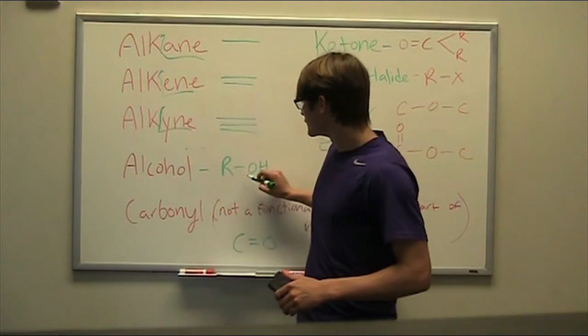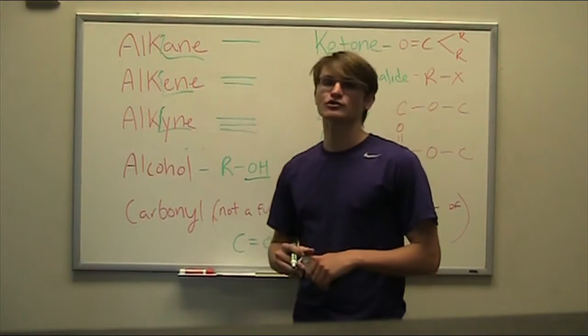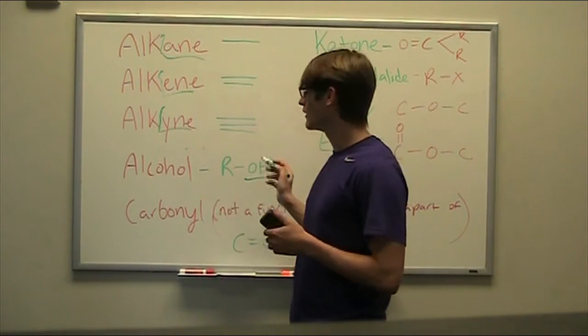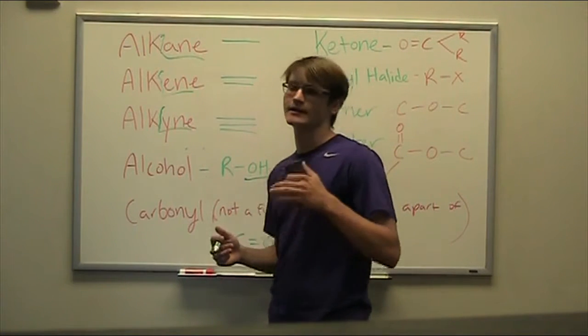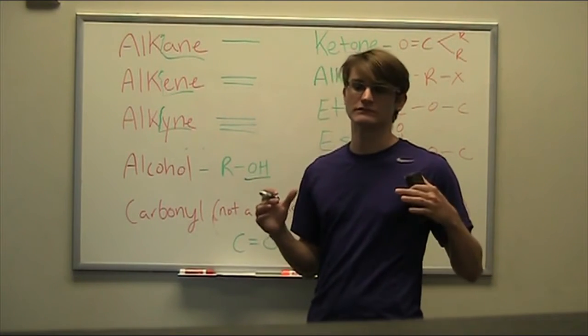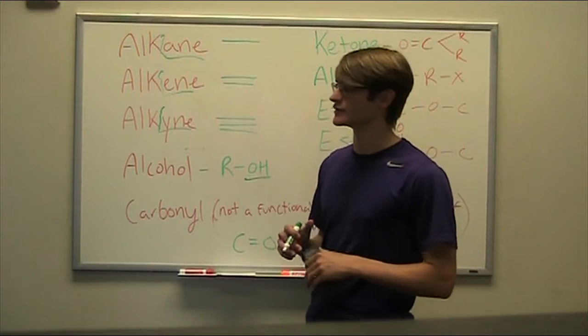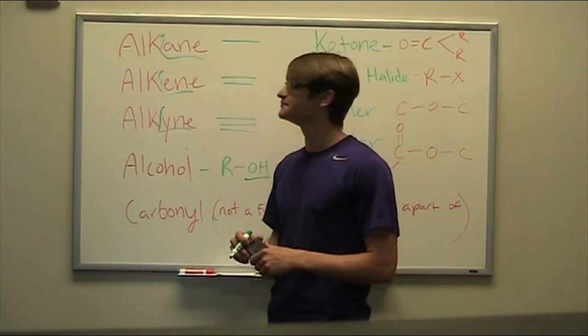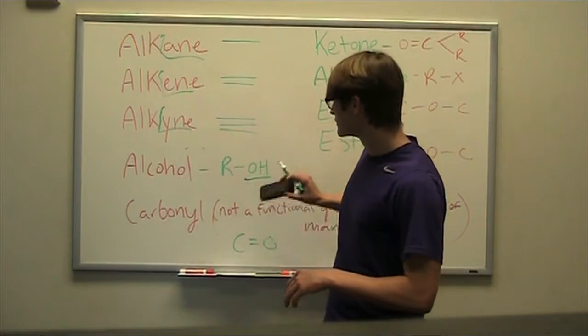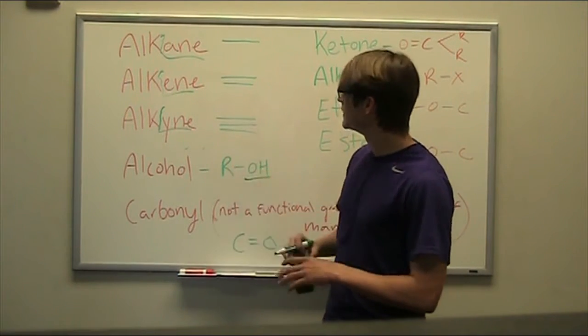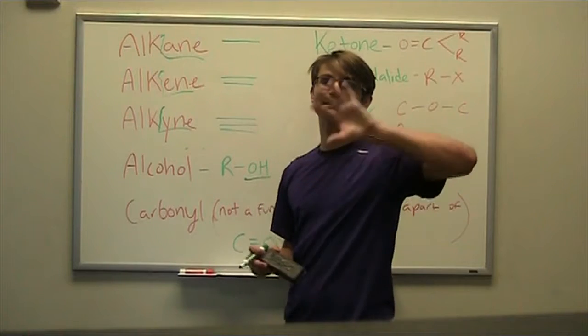Alcohol, we talked about it last video. It's an OH group. It's seen as an OL in naming and the skeleton structure and in nomenclature. So this is what an alcohol is, an R group. R group is anything attached.